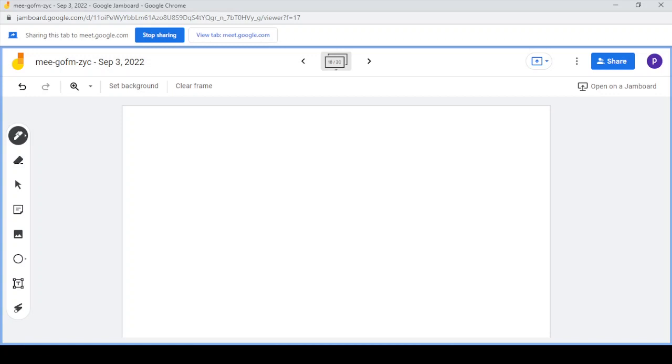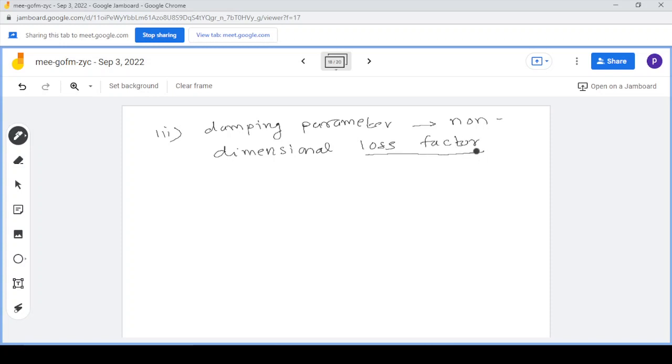The damping parameter we need to discuss. The third parameter, the damping parameter, is represented by the non-dimensional loss factor. In the MCQ, you might have gone through this loss factor term, right? We needed to know this term before we proceed.